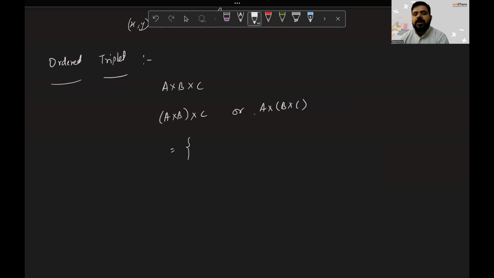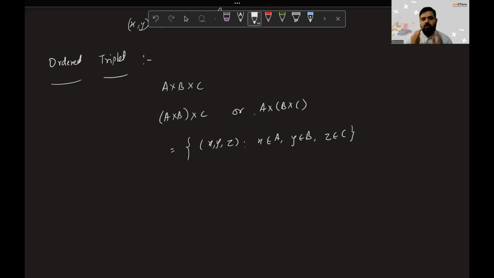And these can be written as the triplet x comma y comma z, such that x belongs to set A, y belongs to set B, and z belongs to set C. This is exactly how you can write the ordered triplet.